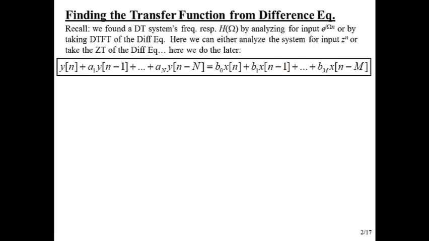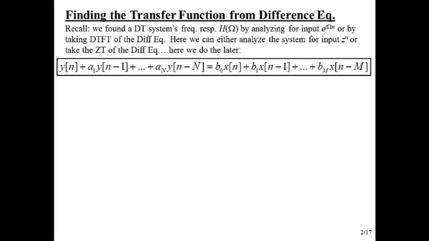We've already said that the frequency response is the transfer function evaluated on the unit circle of the Z plane, and that should be no surprise, since we saw that the Z transform is really a generalization of the discrete time Fourier transform off from the unit circle.